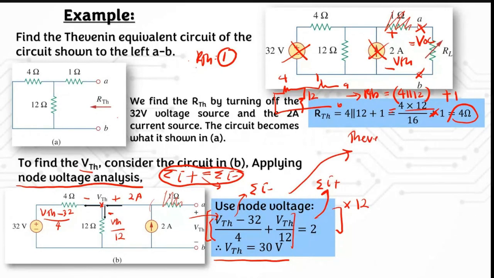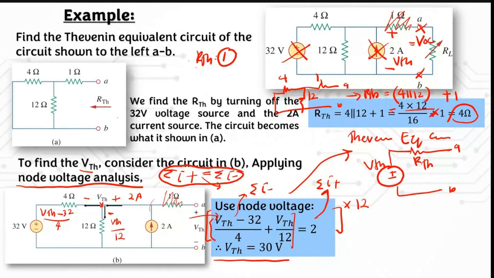Thevenin equivalent circuit. So your Thevenin equivalent circuit is you have your voltage here, and then you have your RTH here at terminal A and B. So this is your VTH and this is your RTH. If I ask you to draw the Thevenin equivalent circuit, this is it.